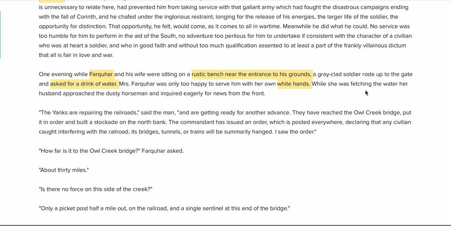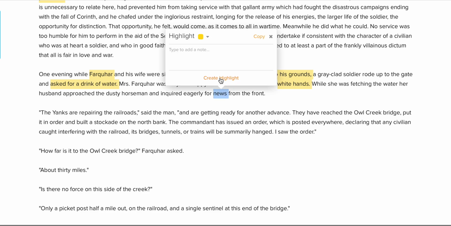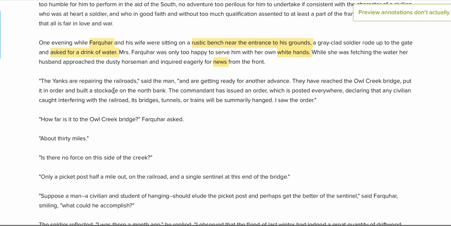While she was fetching the water, her husband approached the dusty horseman and inquired for news from the front. So he's asking him about the news. And what was the answer? The Yanks are repairing the railroads. So he's telling Peyton Farquhar that the opposite side is repairing the railroads in order to be ready for another advance.